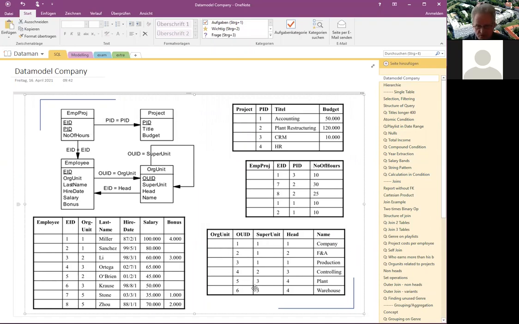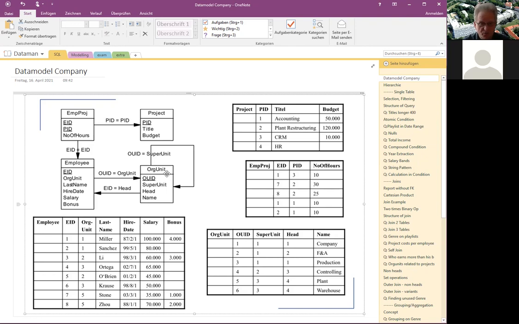You see we have this org unit table here. And there is a suspicious looking arrow here, pointing from the organizational unit onto itself.